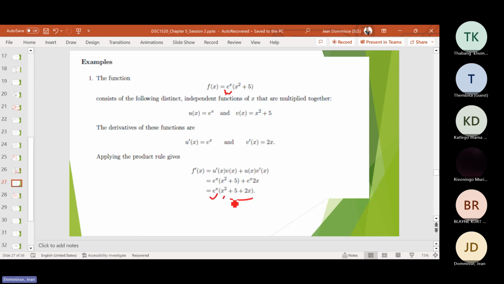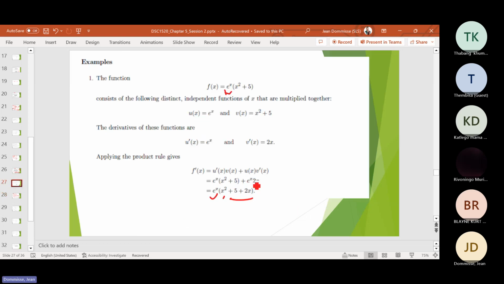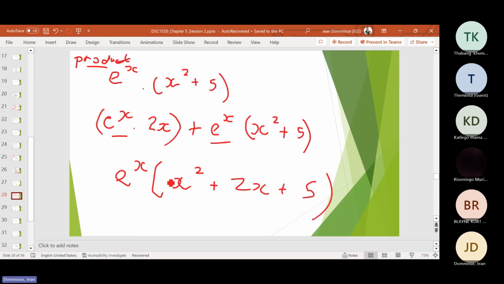They didn't write it in that order, but I always like to write it in the correct order, but it is exactly the same. It doesn't matter how you write it. If you write it that way or this way, it is exactly the same.